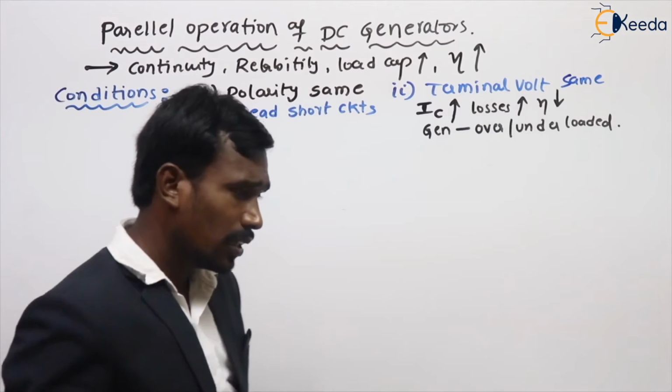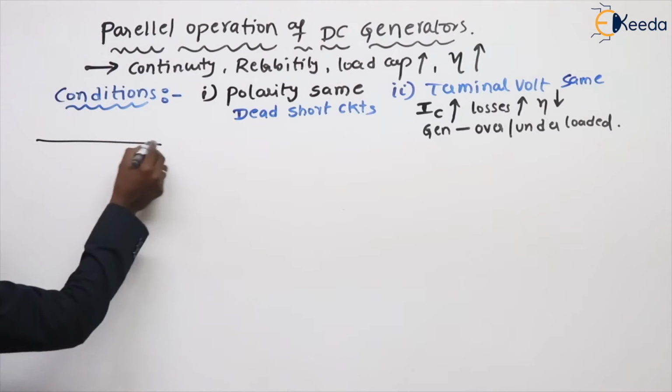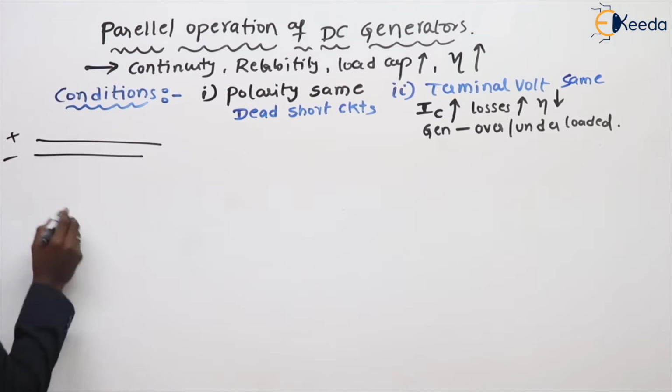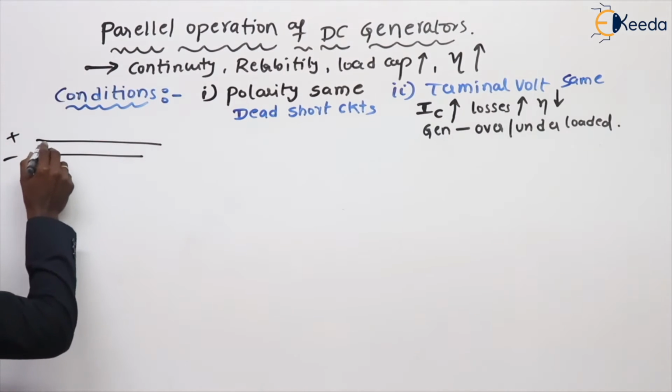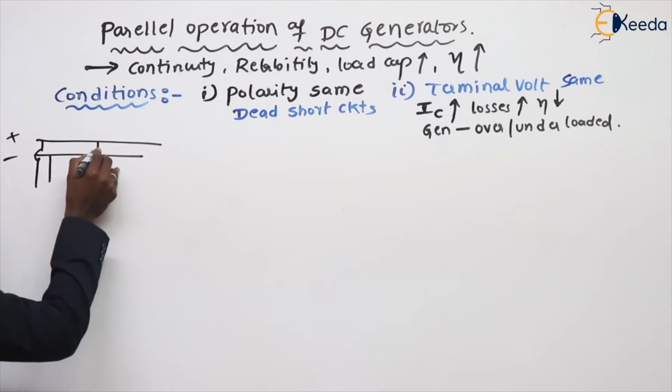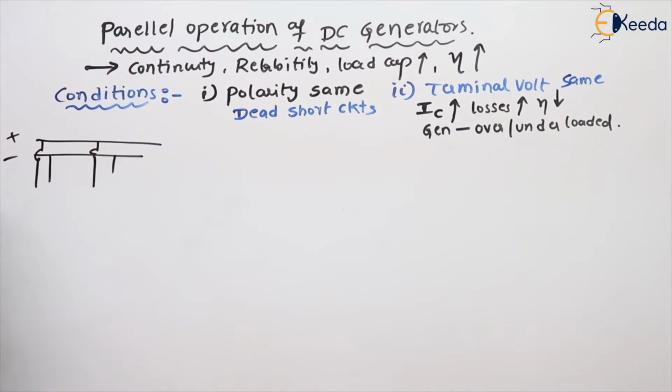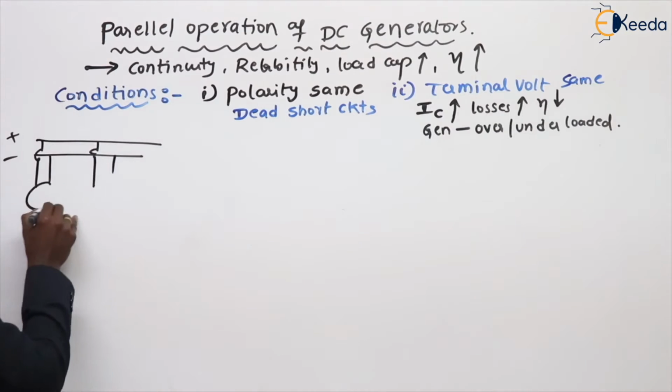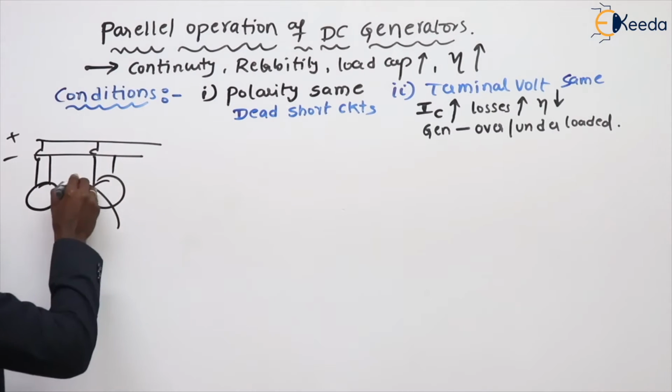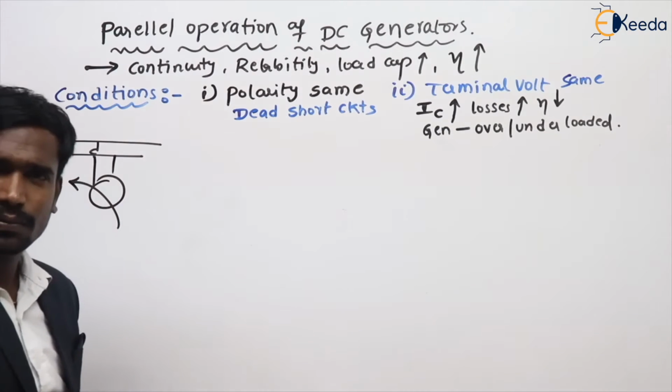Next one. For example, this is DC positive and negative. I am going to add two generators in parallel. One is the already existing generator, the next one is the incoming generator.